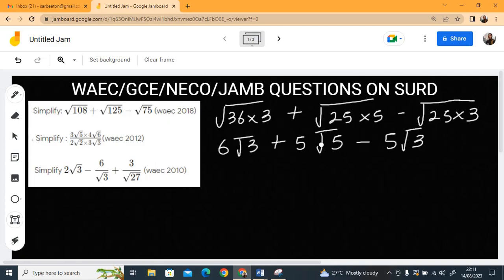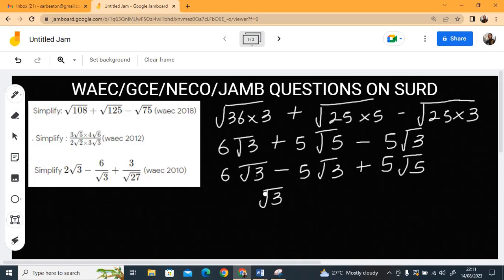Now we collect like terms: the ones with root 3 and the ones with root 5. So 6 root 3 minus 5 root 3 is 6 minus 5, that is 1 root 3, so this is just root 3. No need to write 1 here, I told you earlier, just leave it, because there is an invisible 1. Then plus 5 root 5. So this is your final answer for this one.